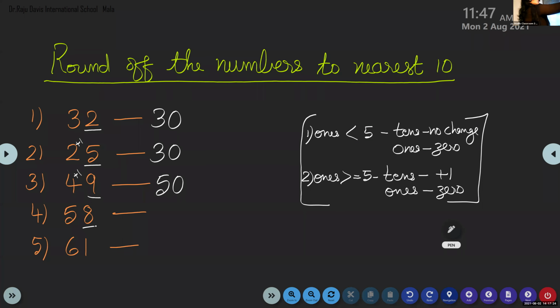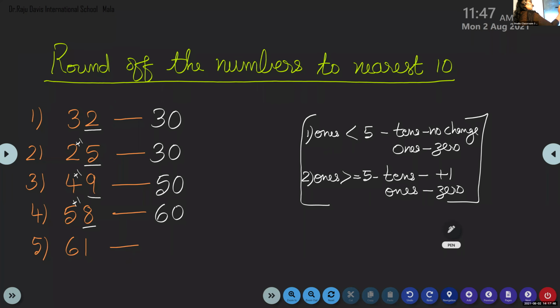So second rule is to be followed, isn't it? Yes. Okay, good. So 5 will become 6 and the ones place will be 0. 8 is greater than 5, so the tens place has to be increased by 1.